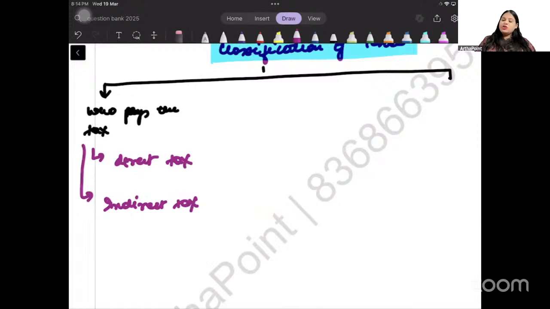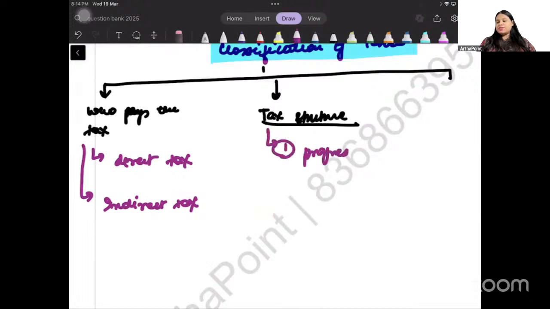The second kind of classification of tax that we have, that is called as based on tax structure, right? And based on tax structure, you have different kind of tax, but सबसे पहला आ जाता है progressive tax.